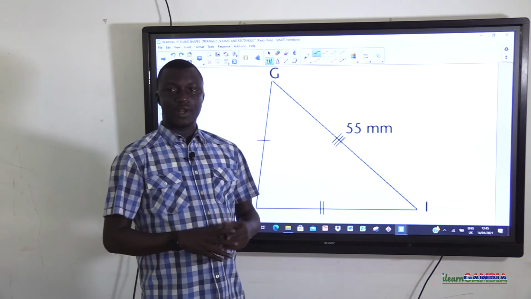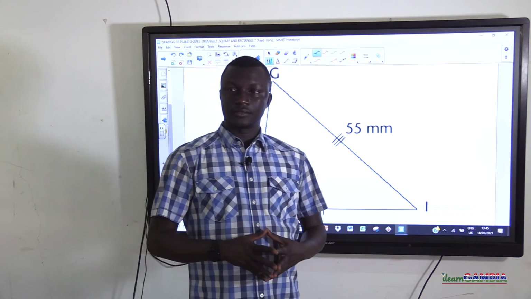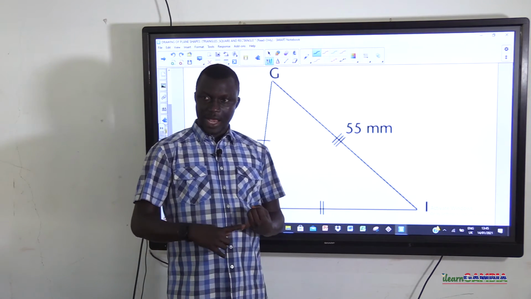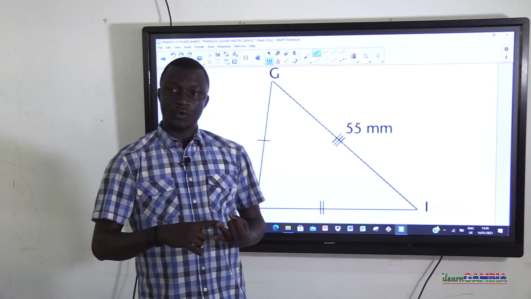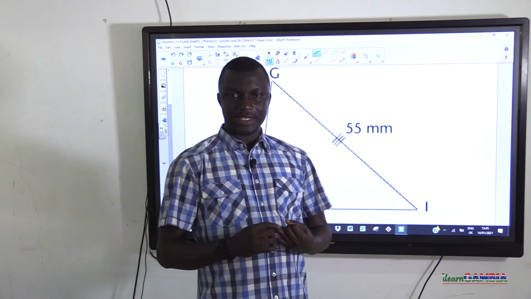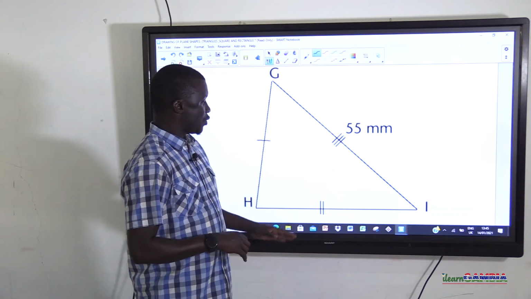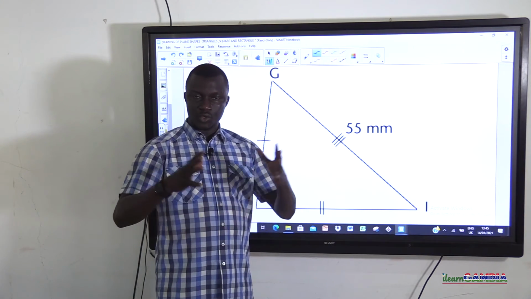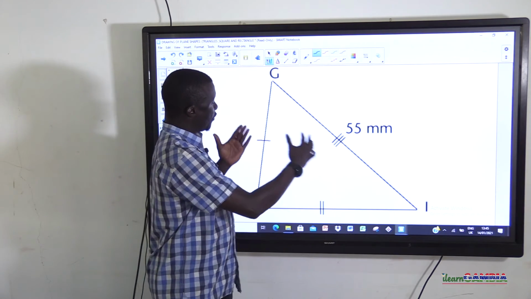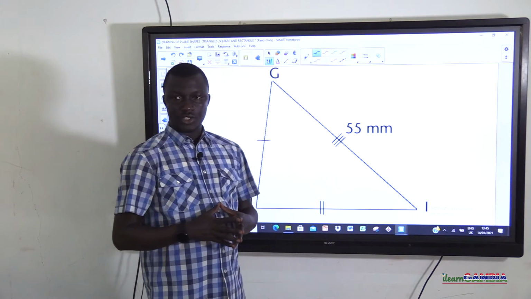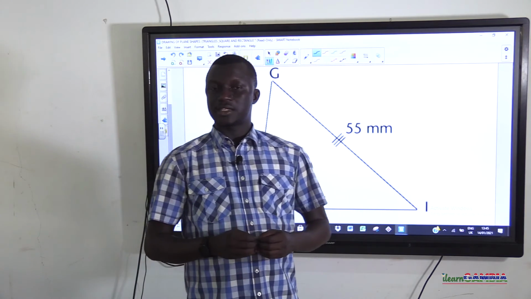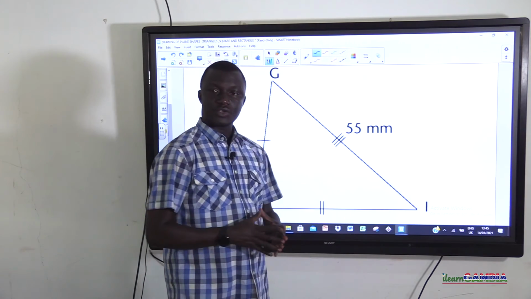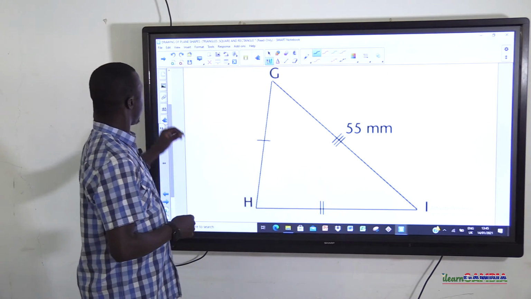So we conclude that this is a scalene triangle because it bears the features of a scalene triangle. None of the sides are equal in length, and therefore none of the angles are equal in size. All the sides are marked differently, showing that there's no feature that all these three sides share. So we conclude that this is a scalene triangle.